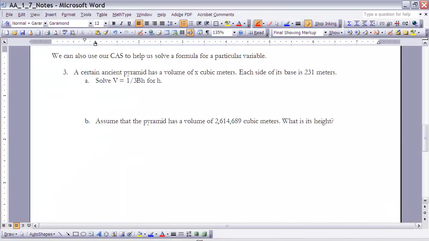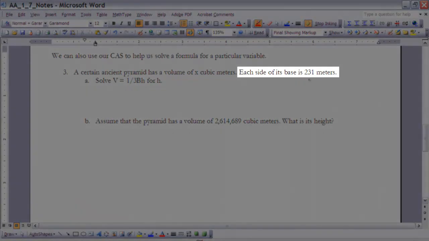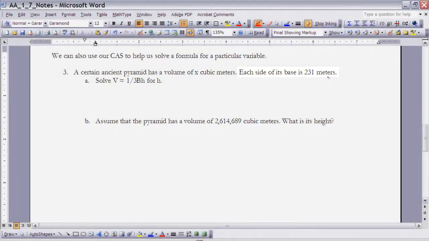Well, I know the volume, and I also know from the first part of our problem that each side of the base is 231 meters. Therefore, the base must be a square. So when I look at b, b is going to be equal to 231 squared.